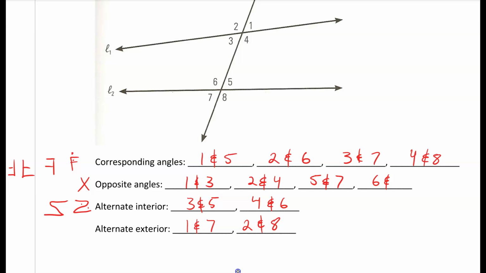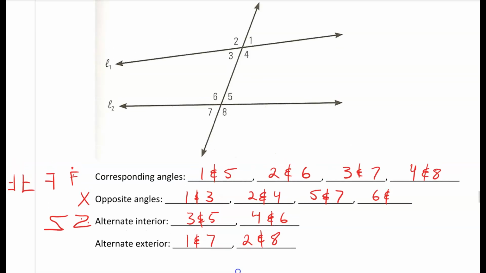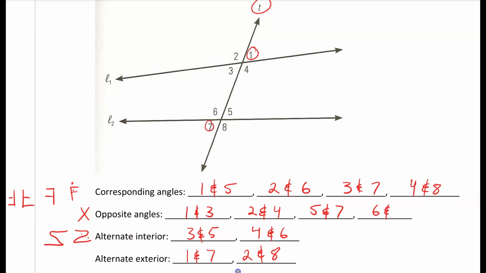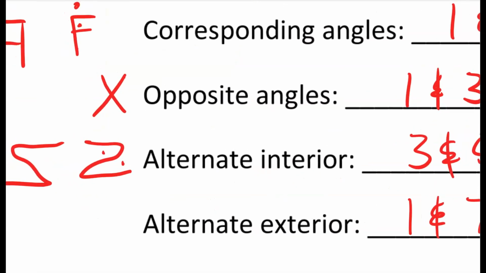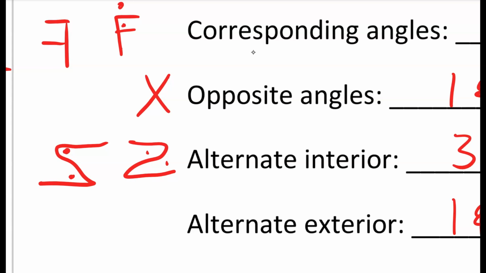And our last one, our alternate exterior angle, which was 1 and 7, follows the same shape, but you're doing the exterior. So when we're looking at the Z here, we're looking inside and inside. But if we're looking for our alternate exterior, we're going to be outside and outside.